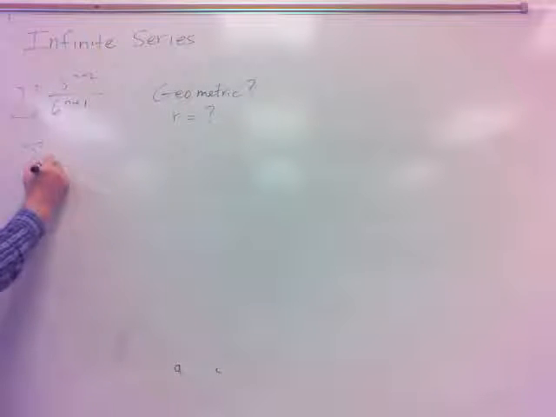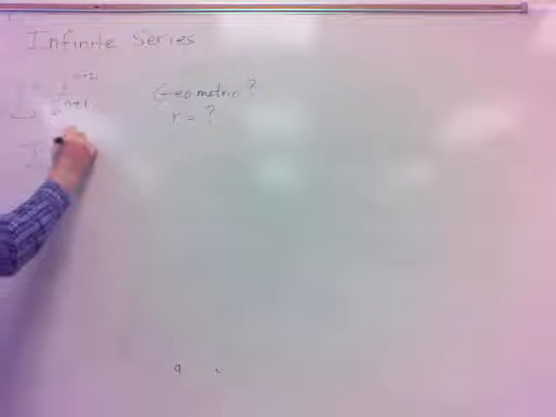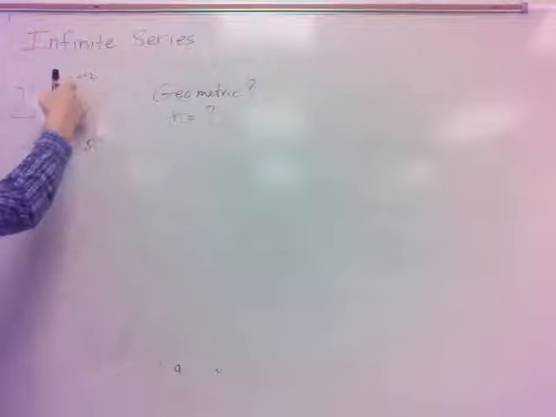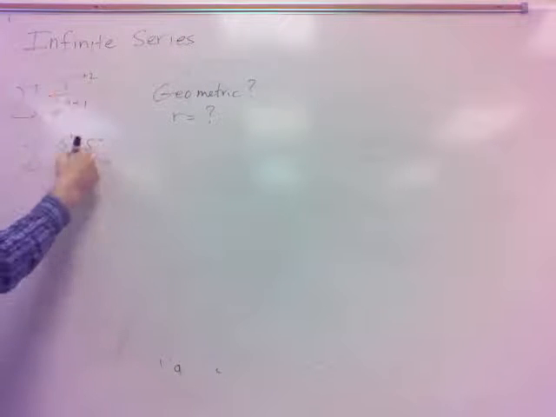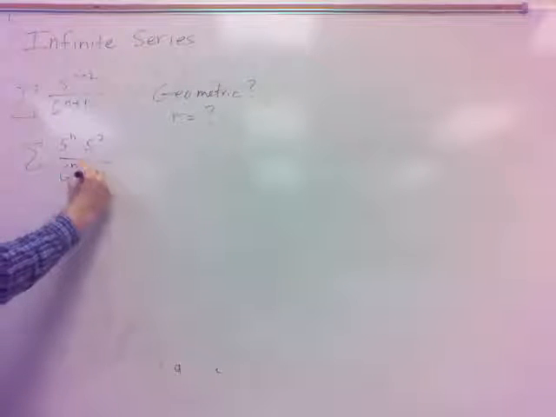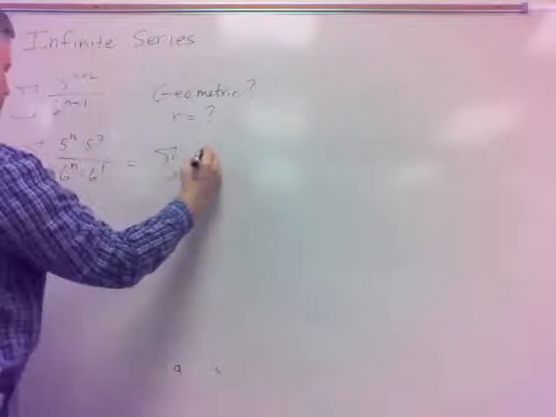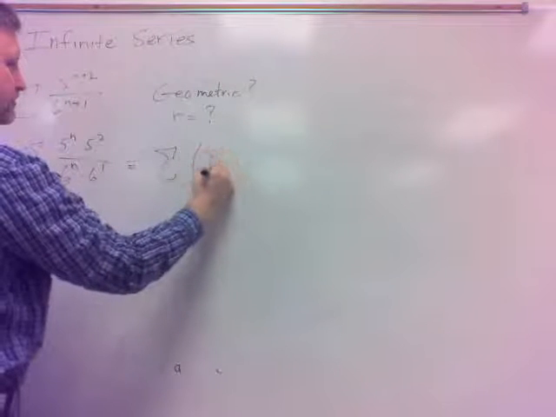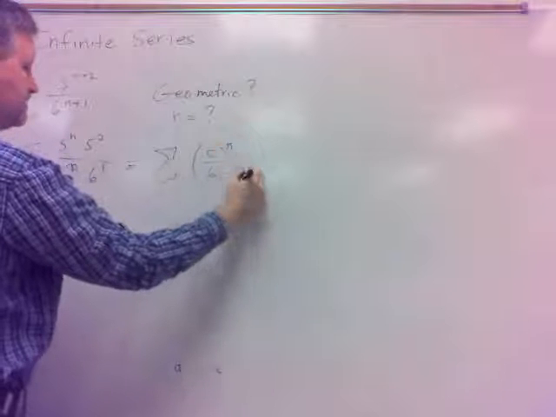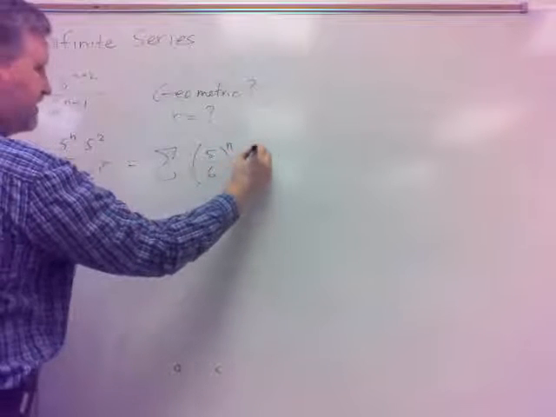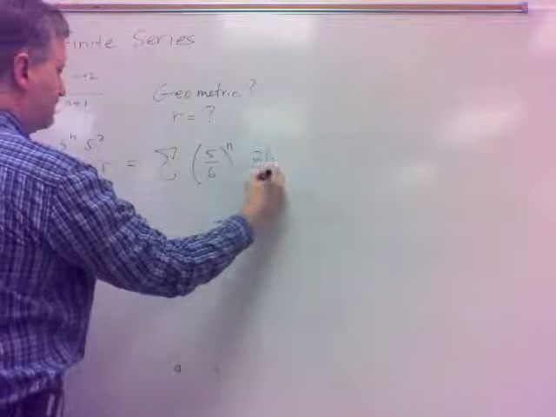Yeah, if I do what I did, this is what I was talking about there. 5 to the n plus 2 is 5 to the n times 5 to the second. This is 6 to the n times 6 to the first. So if I write that in my normal a sub n geometric sequence format, series format.